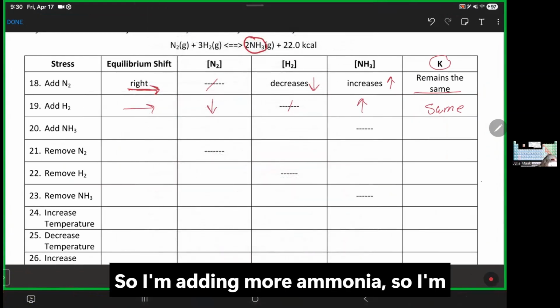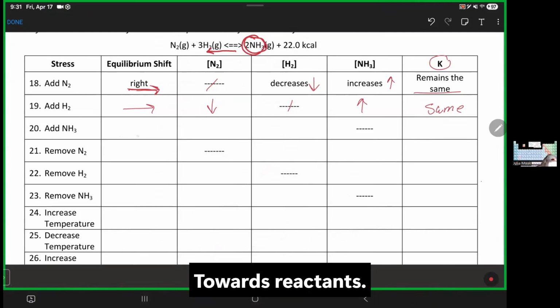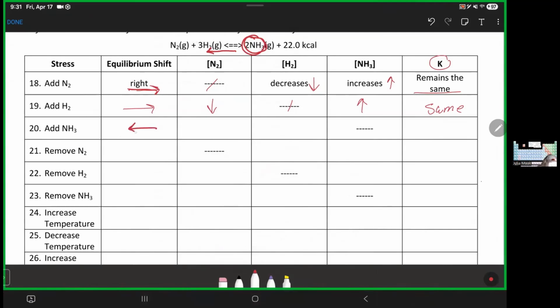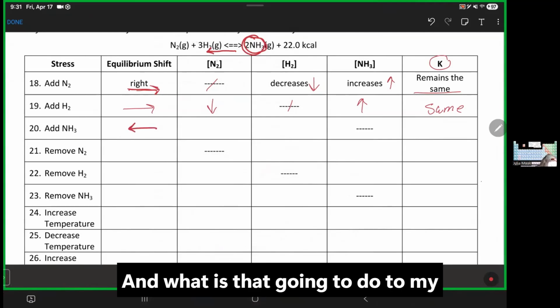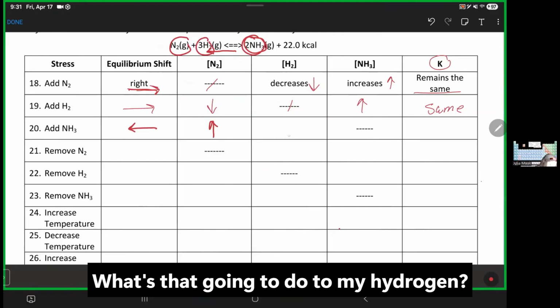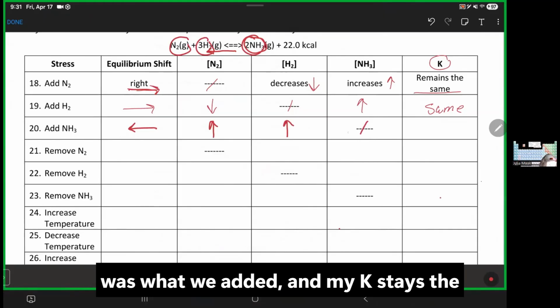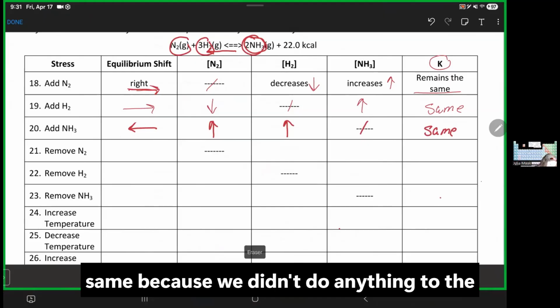So I'm going to shift away from it, towards reactants. And what is that going to do to my nitrogen? I'm going to make more of it. What's that going to do to my hydrogen? I'm going to make more of it. The ammonia was what we added. And my K stays the same because we didn't do anything to the temperature.